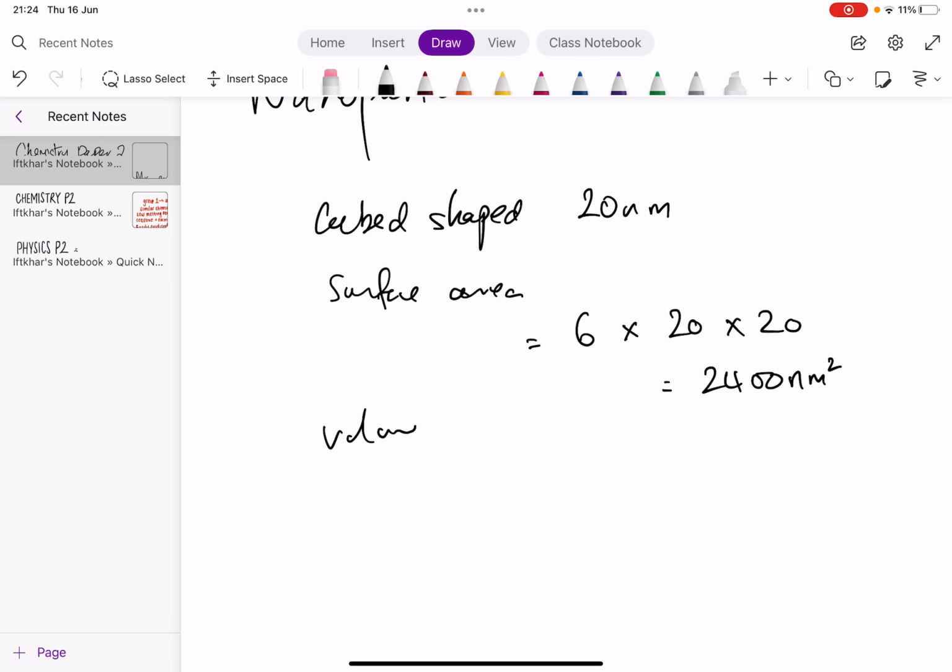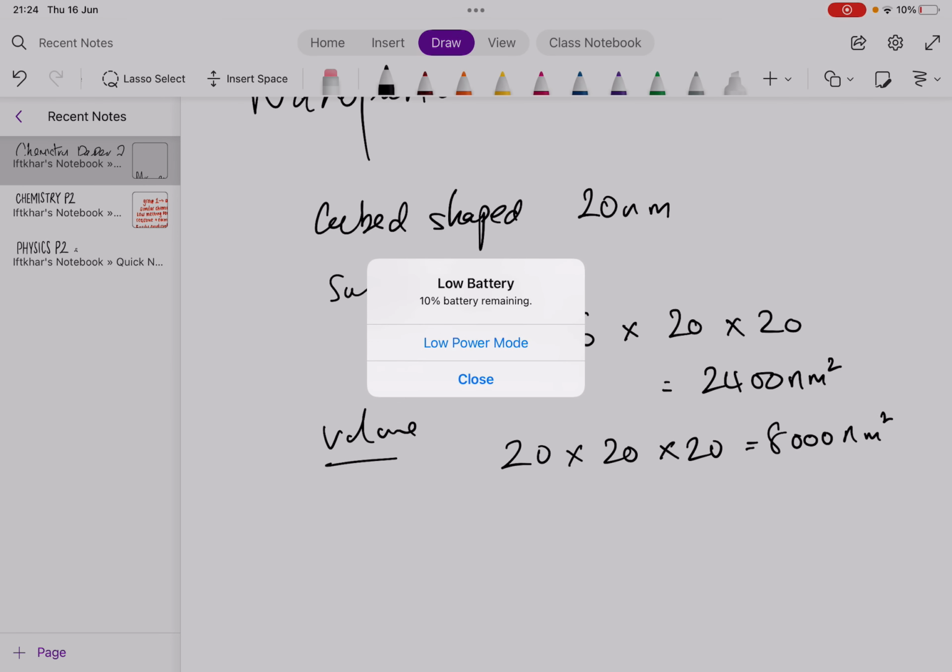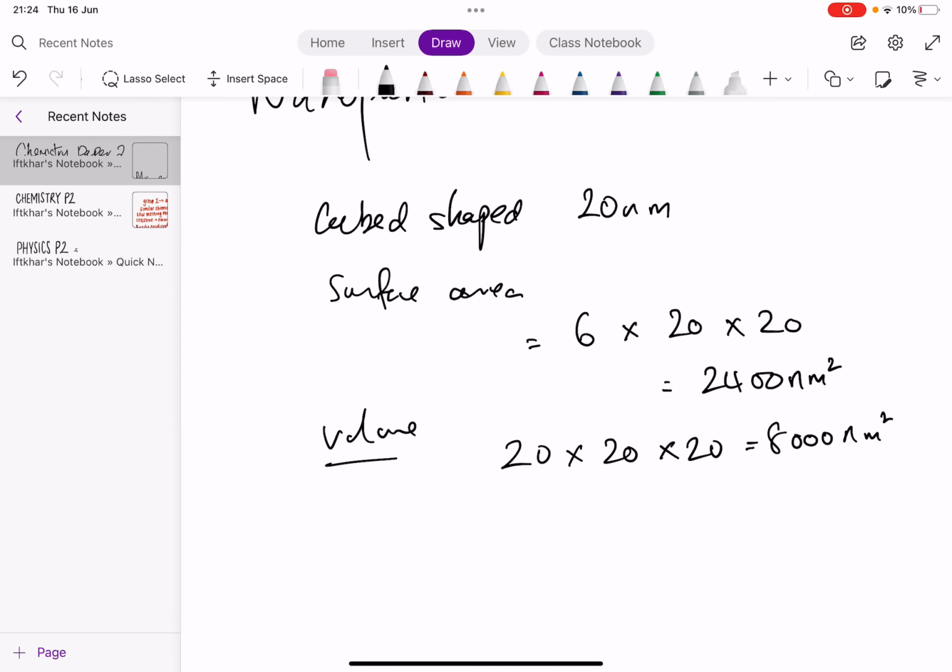What about its volume? Well, volume will be 20 times 20 times 20, which is 8000 nanometers cubed. And then what is the surface area to volume ratio? Well, that's simply 2400 over 8000, which comes to 0.3.